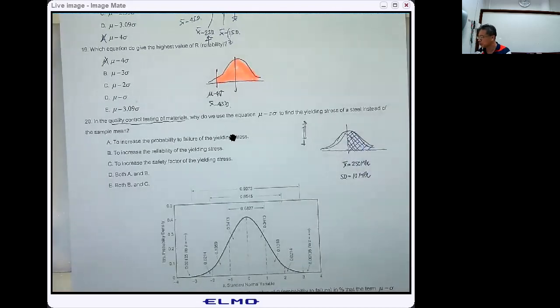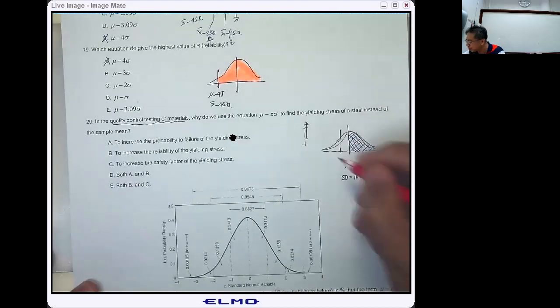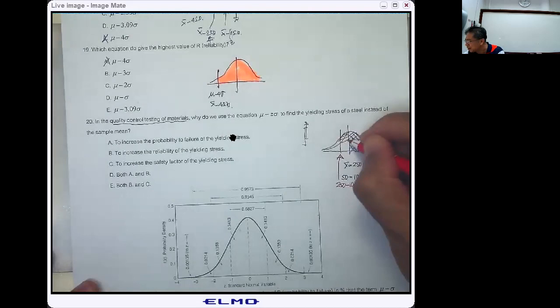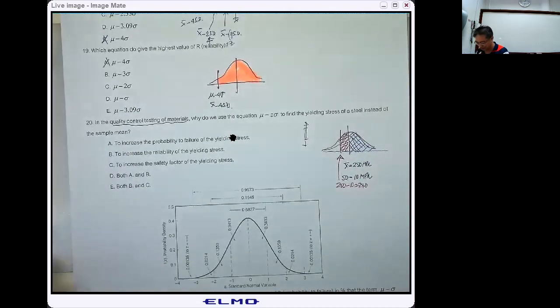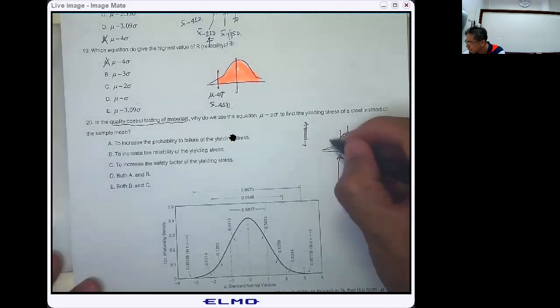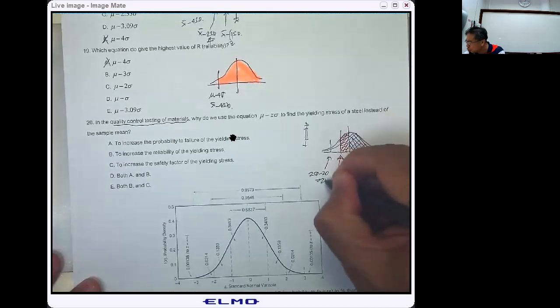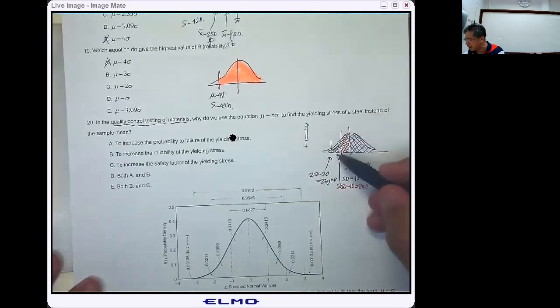By doing this, you may increase the reliability by using 250 minus 10, that's 240. When you use 240, you can see the reliability area gets larger. And if you use 250 minus 20, that's 230 megapascal, you will get more reliable.